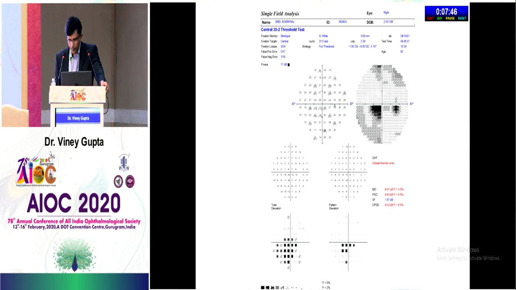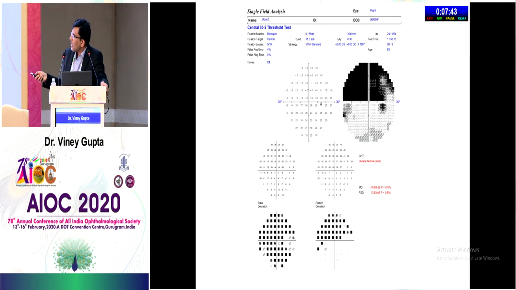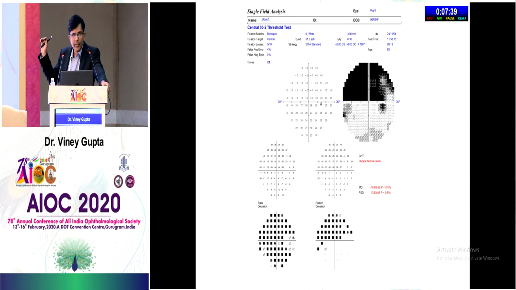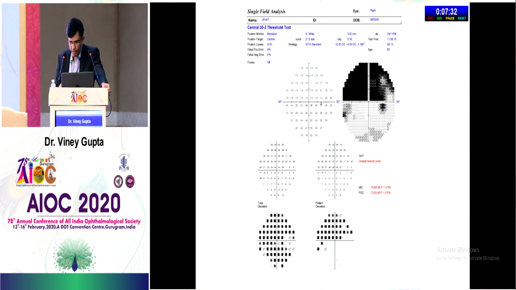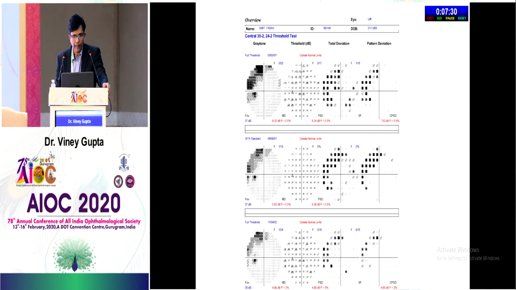Okay? This is classically a superior arcuate defect, which is also known as an altitudinal defect, which you see characteristically in which condition? AIONs, okay? But it could also be because of glaucoma. Then sometimes you get visual fields like this, which is temporal to the blind spot.